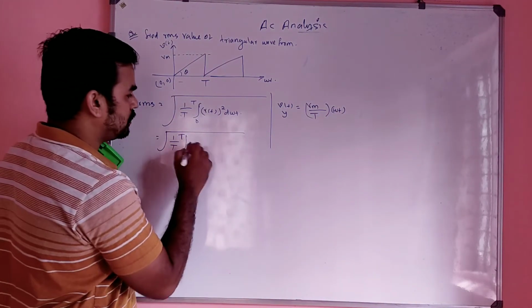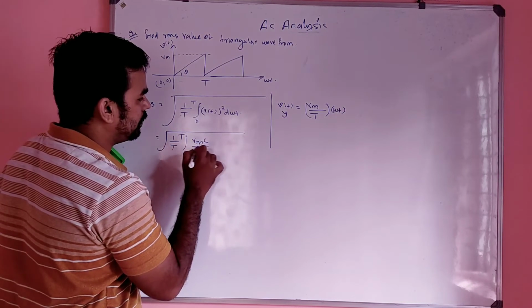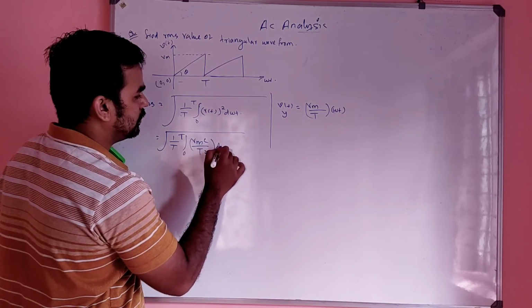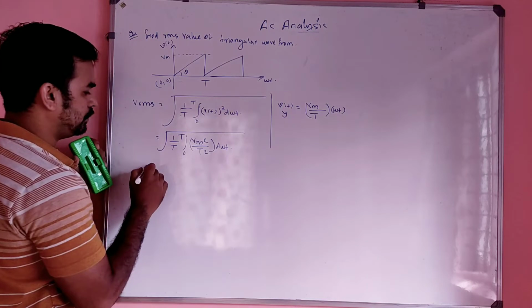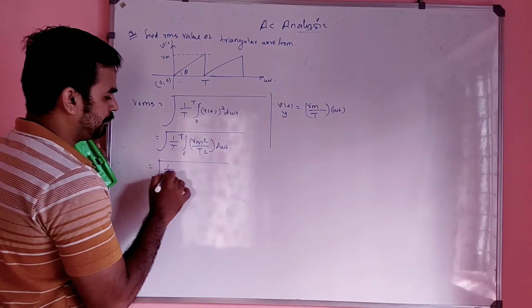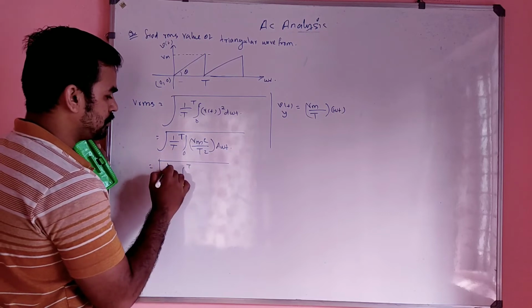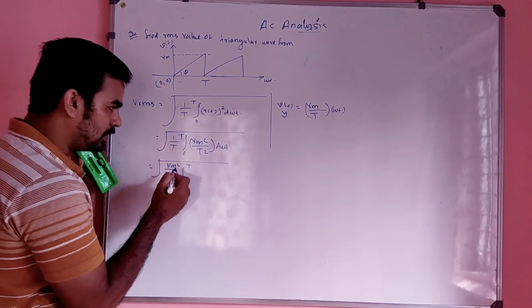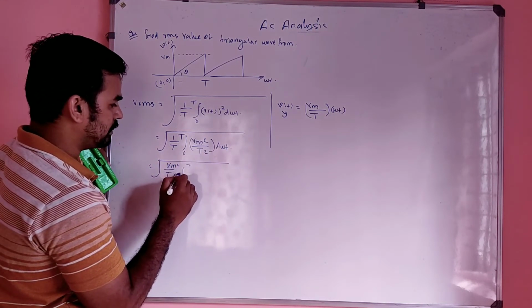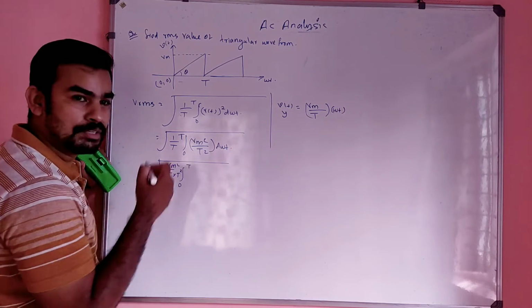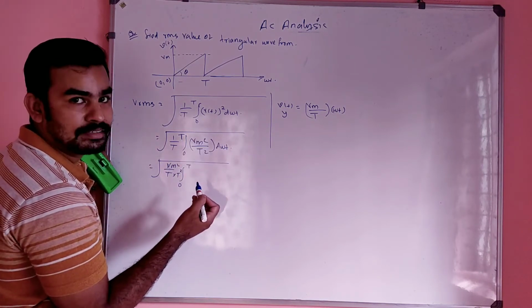So just substitute in this equation, it will be Vm square divided by T square into omega t square d omega t. So the result will be 1 by T integral 0 to T, Vm square by T square you can take outside, because Vm square by T square is a constant, right?